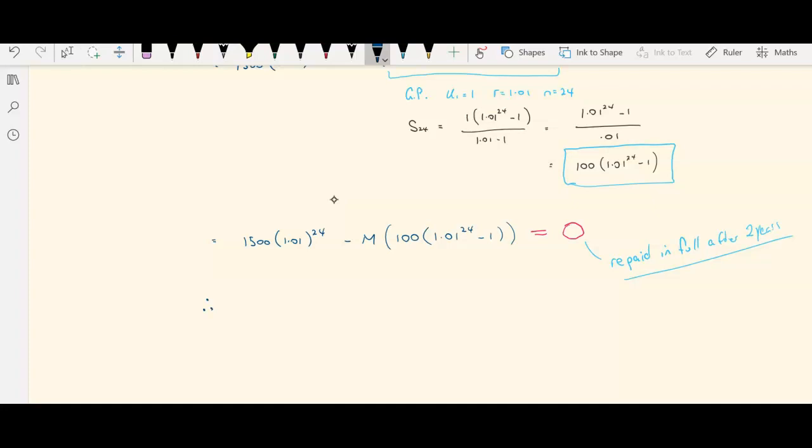So now we just solve for M. Therefore, what do we got here? Let's get M on one side. So M by, I'm sure you guys can go ahead and do this bit on your own, is equal to this. And so therefore M will be equal to this quantity over this quantity.